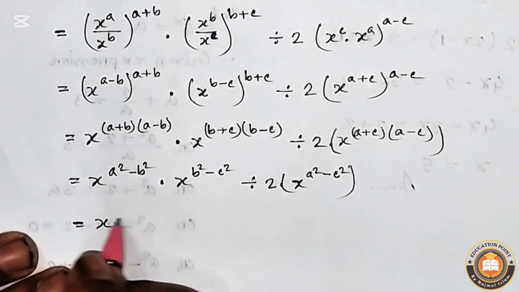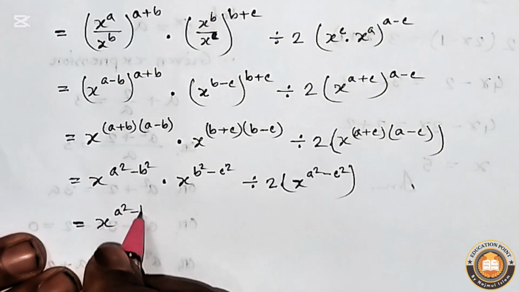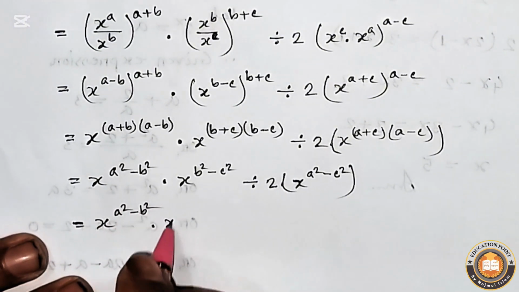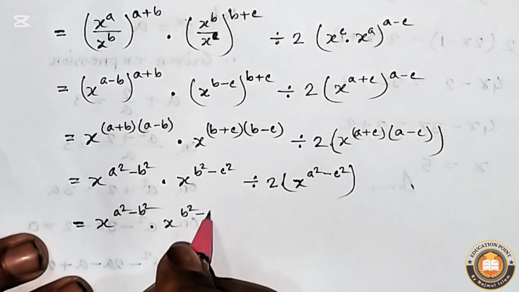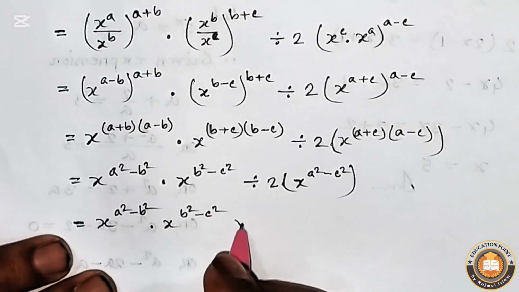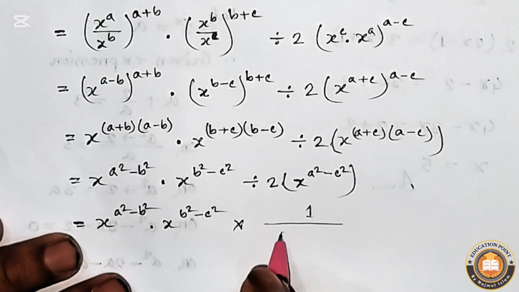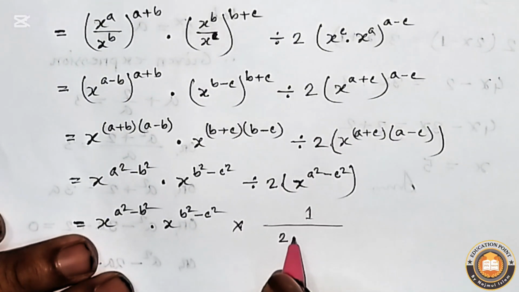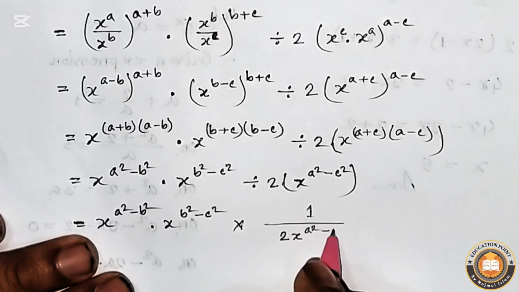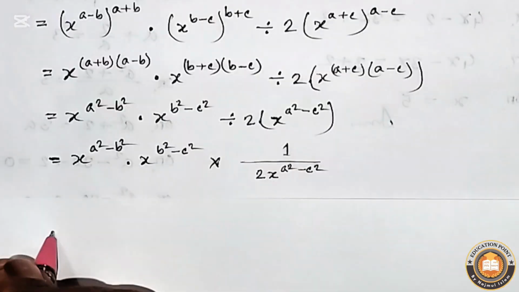Equal x to the power a square minus b square into x to the power b square minus c square into 1 by 2 x power a square minus c square.